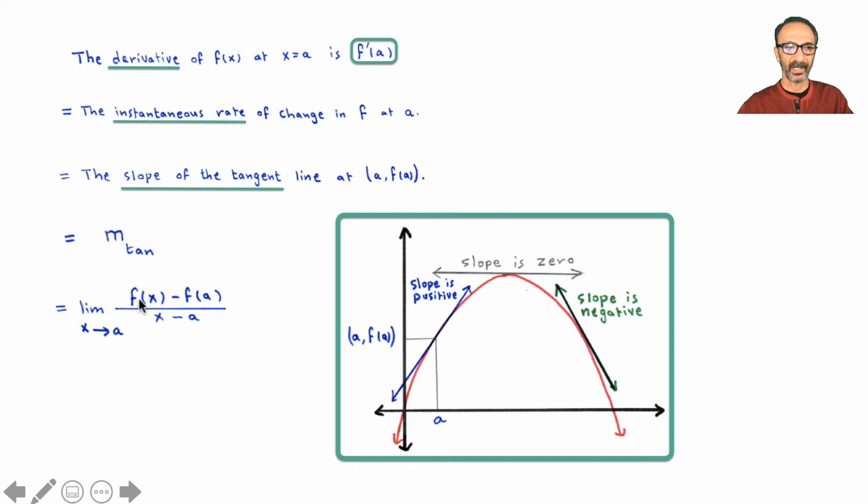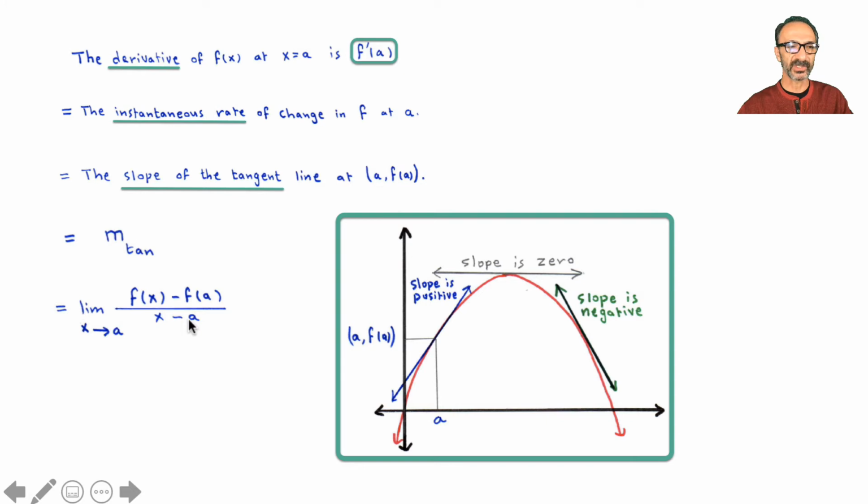Limit of delta y over delta x as this much gets to zero, meaning f of x minus f of a over x minus a. That's my y2, f of x, that's my y1, f of a, so that's my x1 and that's my x2.